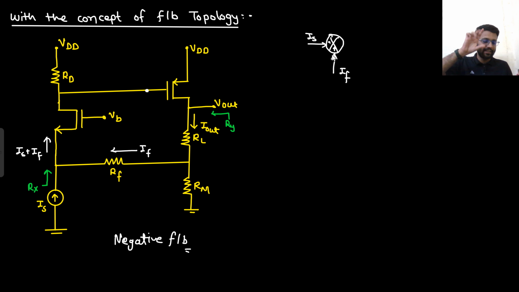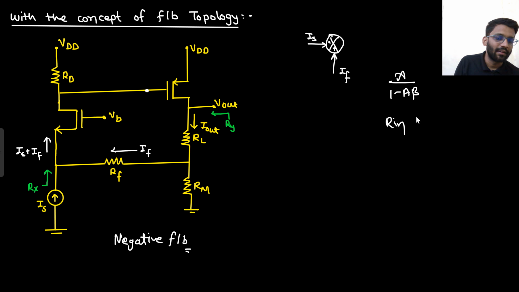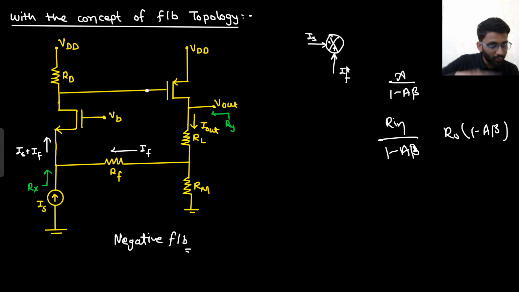Even if it is a negative feedback system, your result would be A upon 1 minus A beta, and Rin upon 1 minus A beta, because for Rin you need it to be low, and Ro into 1 minus A beta. Although it is a negative feedback system, it is being added here. And now if the gain is positive, the final answer is A upon 1 minus A beta. Why is it so? Because it is being added.